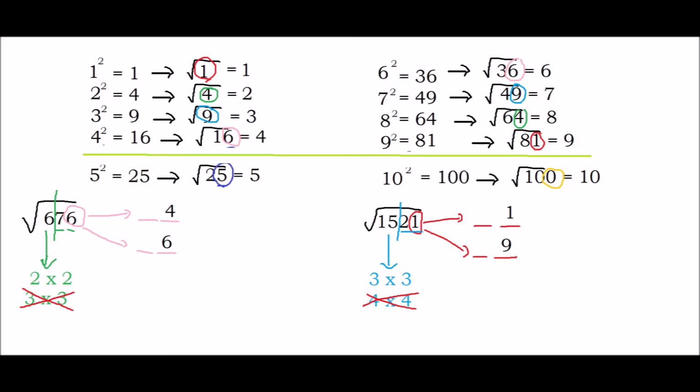We need to find the one that is below it, so we will use 3 times 3. So now we can complete the empty spaces. 676 has two options, 24 or 26, while 1521 is either 31 or 39.